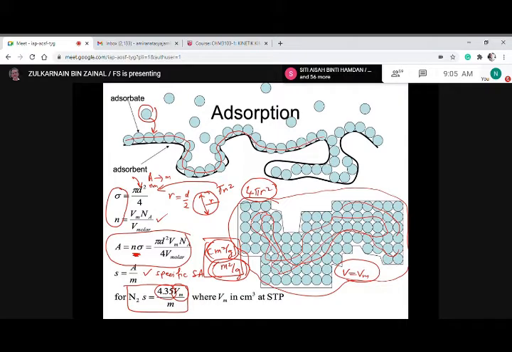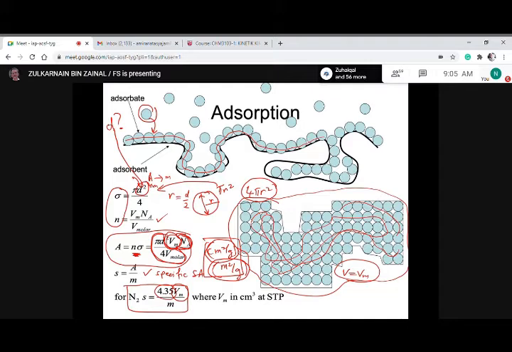So you got Vm already there, and the rest gives 4.35. So this is 4.35 times Vm. Otherwise, it is not difficult to do the calculation. What you got to know is the D value.